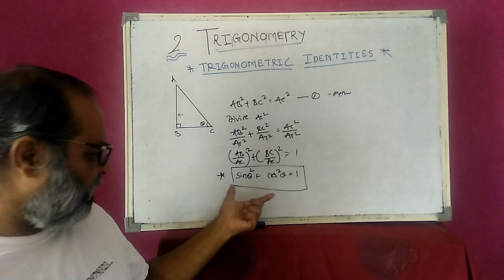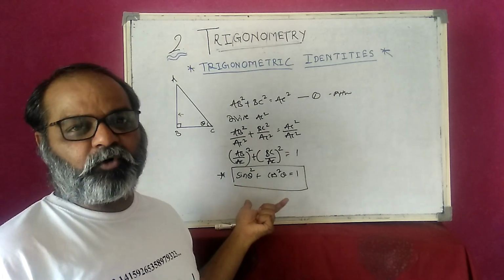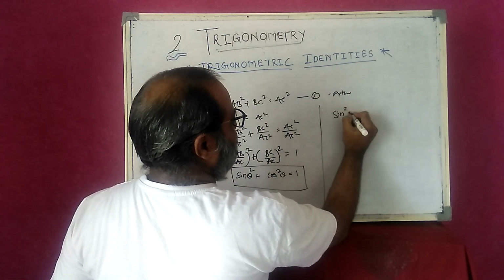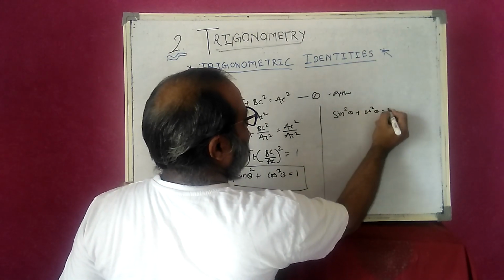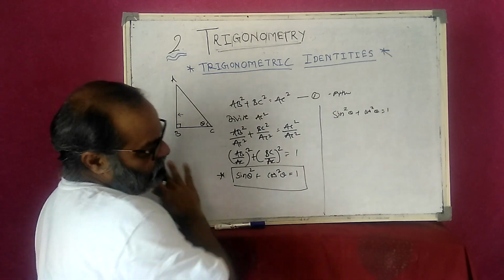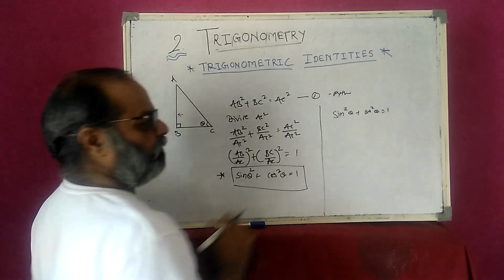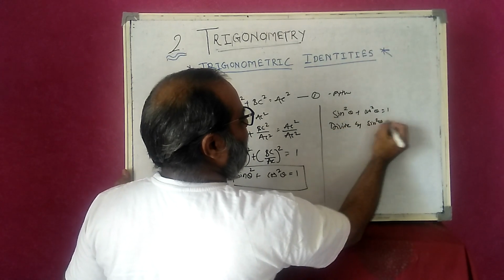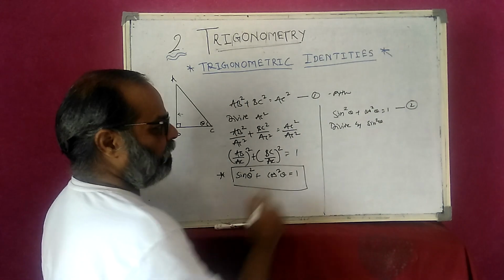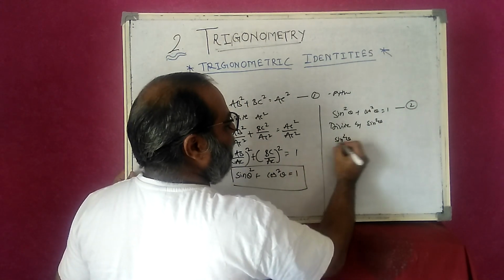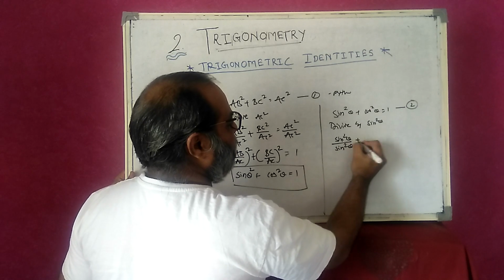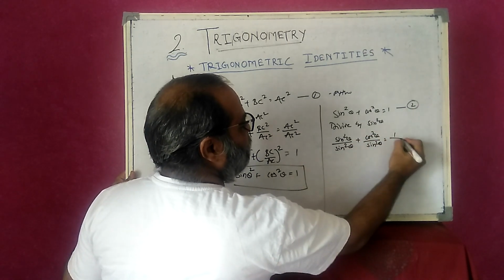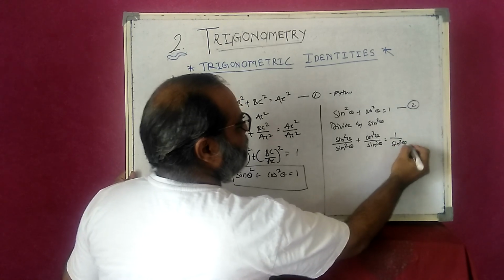Now I apply something additional to this identity. Let's see what we get. I write here sine square theta plus cos square theta is equal to 1. Now I divide throughout by sine square theta. So sine square theta upon sine square theta plus cos square theta upon sine square theta is equal to 1 upon sine square theta.